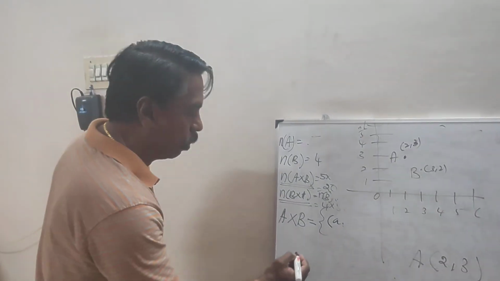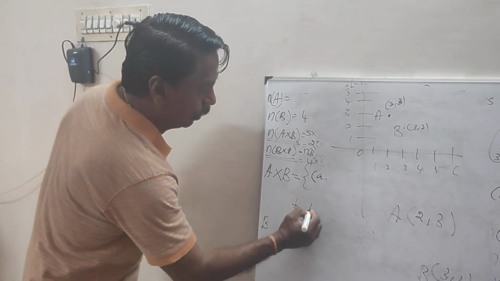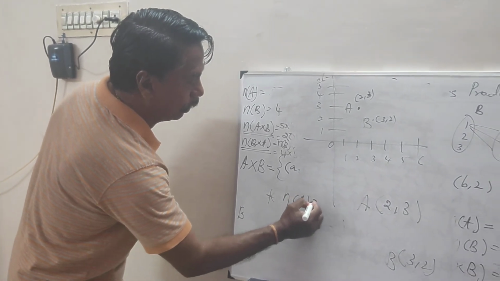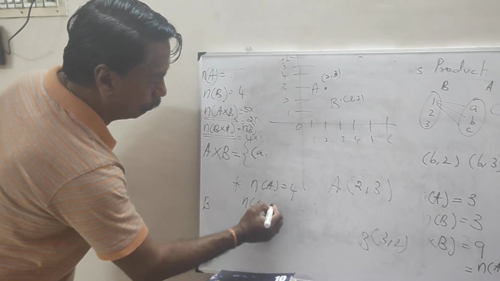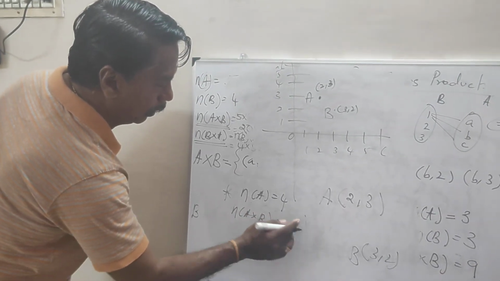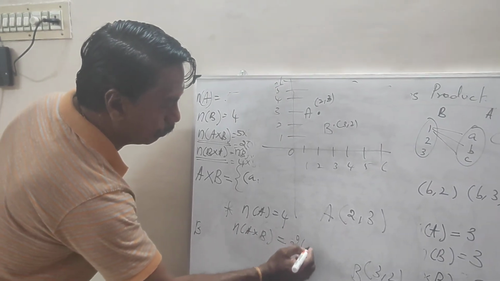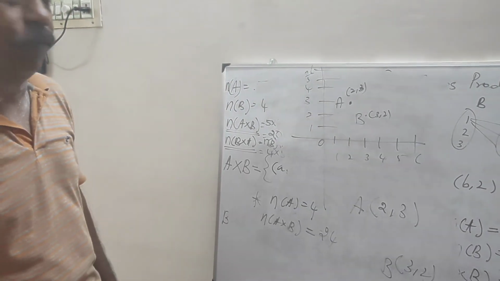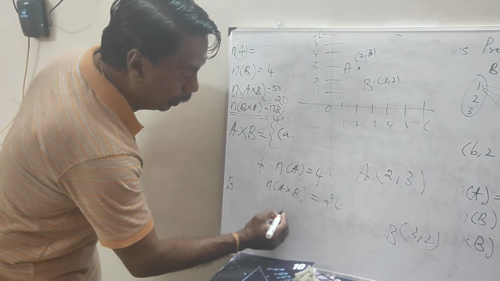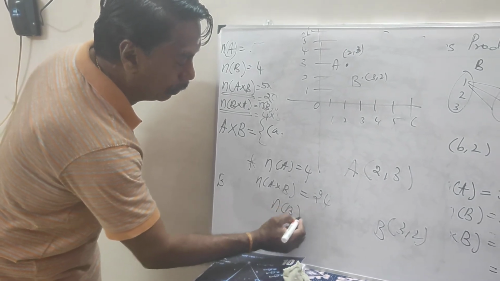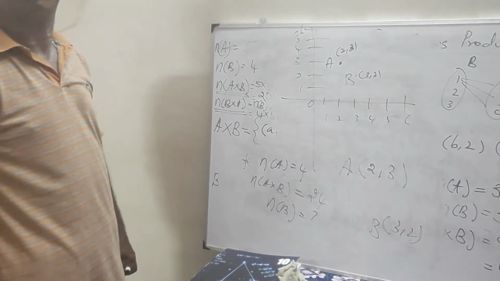Now one question to all. Suppose n of A is 4 and n of A cross B is 24. Can we find the number of elements in the set B?